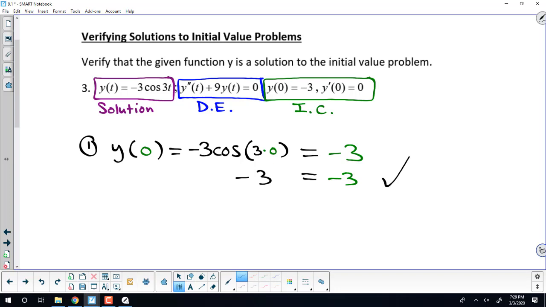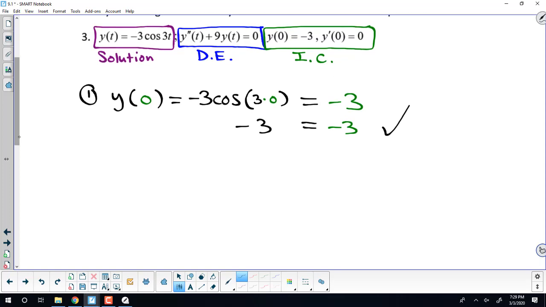Second initial condition, it's on the derivative, so we need to find the derivative and then make sure that initial condition is working for the derivative. So our second step, find y prime of t. Y prime of t would be what? I think it's 9 sine 3t. Yes, 9 sine of 3t.